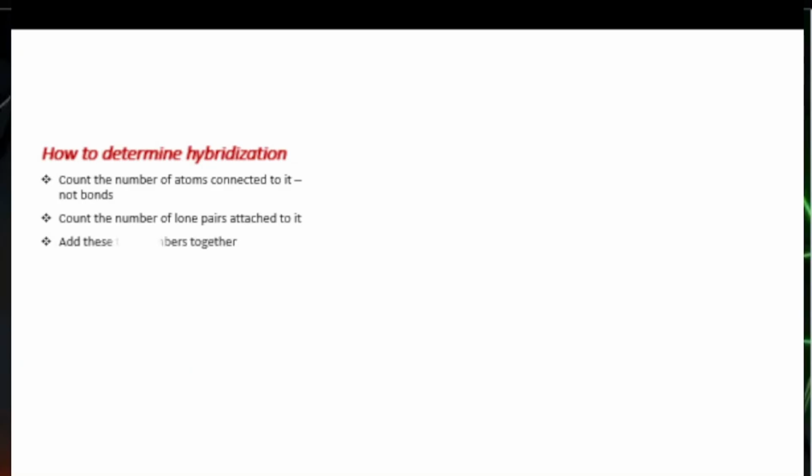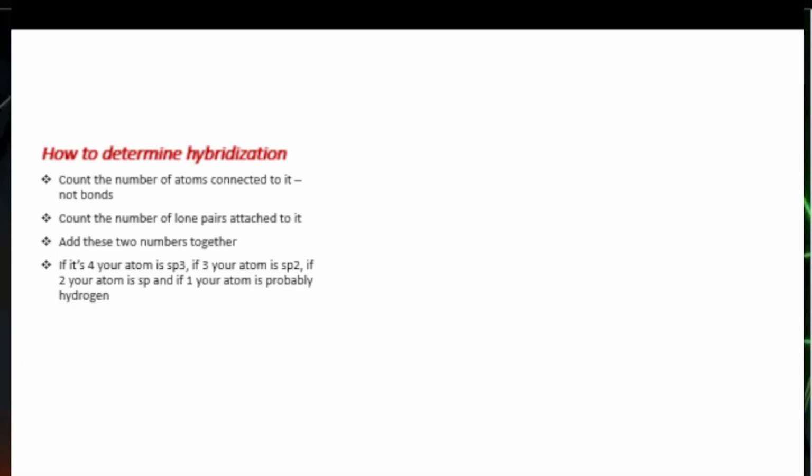How to determine hybridization? You first count the number of atoms connected to it. You count the number of lone pairs attached to it. Then you add these two numbers together. If you find out that your number is 4, then the atom is sp3. If 3, your atom is sp2 hybridized.